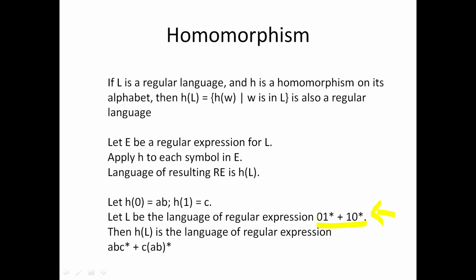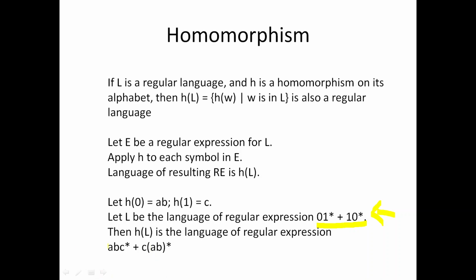Corresponding to the regular expression 0 1 star plus 1 0 star, we substitute for each individual symbol. When you substitute for 0, you get AB. When you substitute for 1, you get C. So corresponding to 1 star, you get C star. Now plus, for 1 you substitute C, and it is 0 star, and since 0 is represented by AB, we have to introduce parentheses, so it will be AB within parentheses, star.